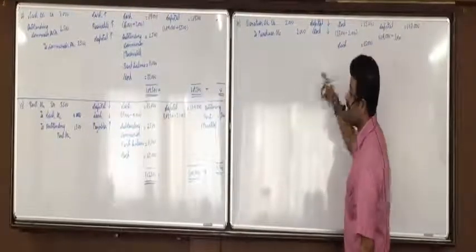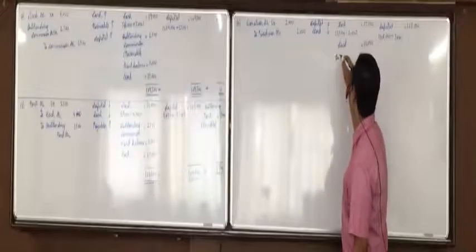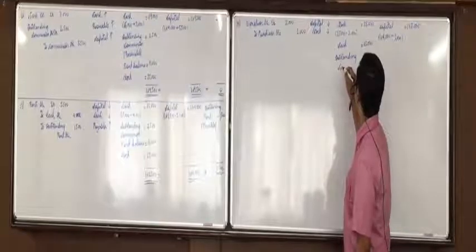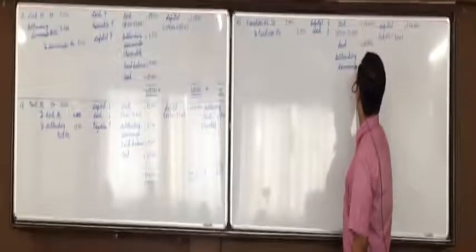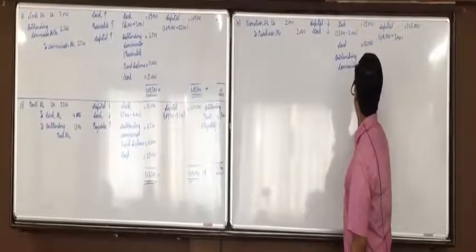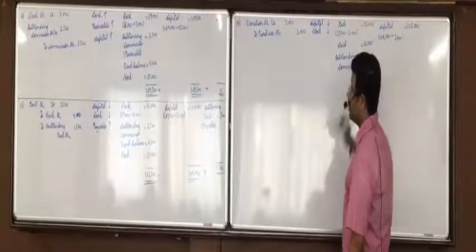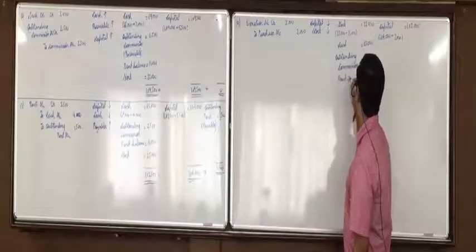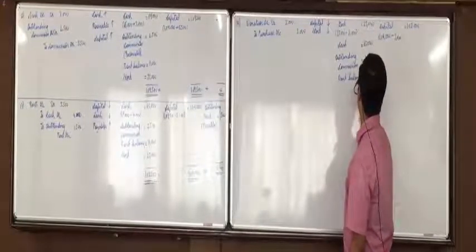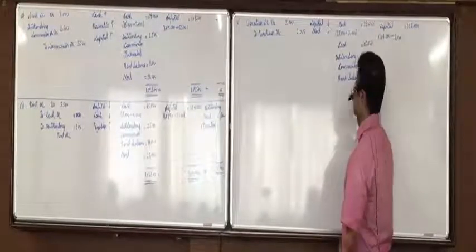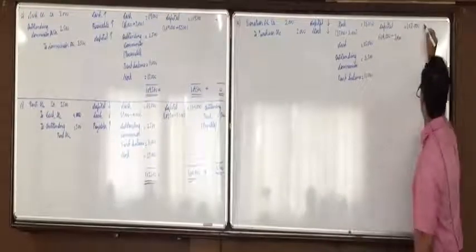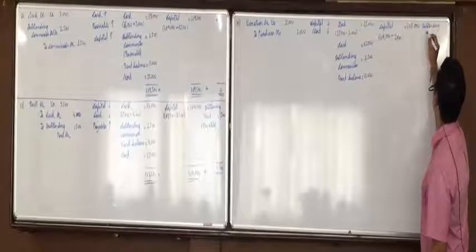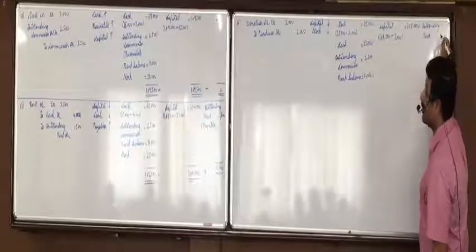Then outstanding commission as it is 2,500. Then bank balance as it is 11,000. Capital is written. Outstanding rent as it is 1,500.